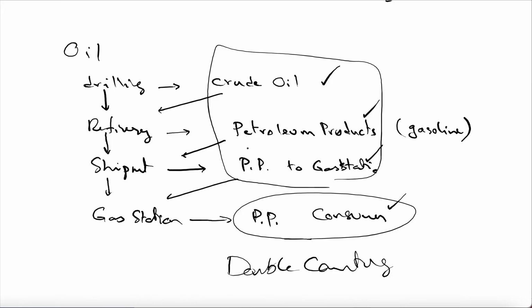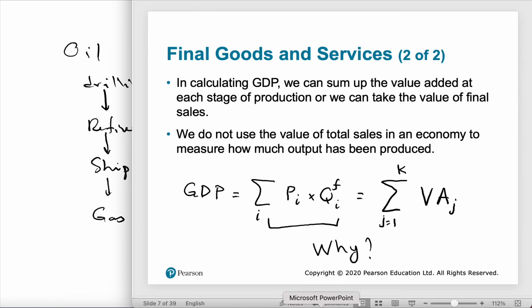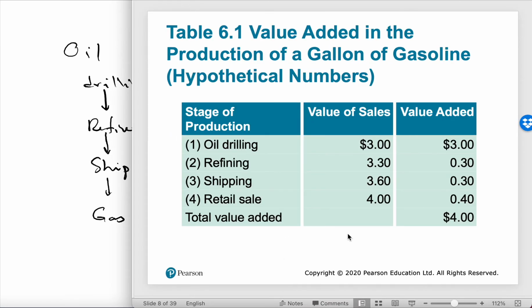So if we pick up this example, we can prove that the total sum of value added is going to be exactly the value of the final goods, the final commodities. And this is a slide prepared for that. At first stage, in our production we have 4 stages: oil drilling, refining, shipment, and retail.